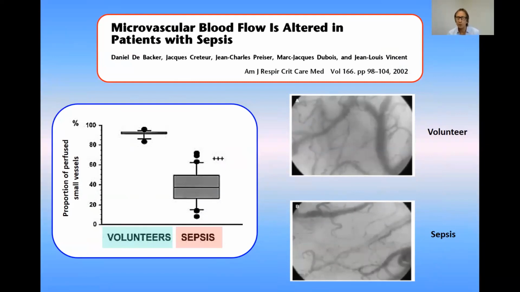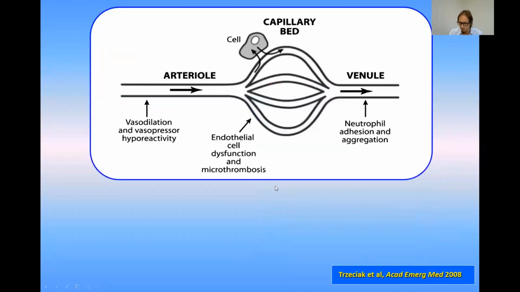And they use, as you know, this video microscopic technology looking at the microvessels just in the sublingual area, and they could use variables like the proportion of perfused small vessels, which was significantly lower in patients with sepsis, and was the same for other parameters of microcirculation.